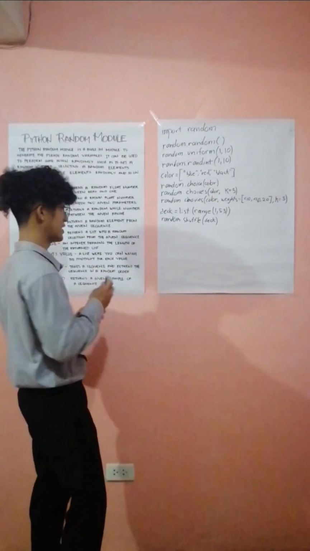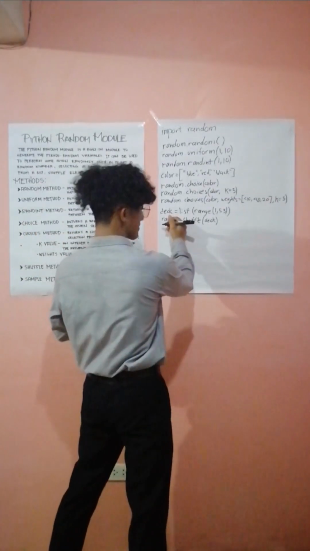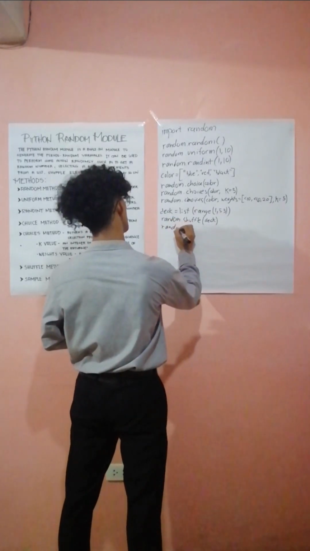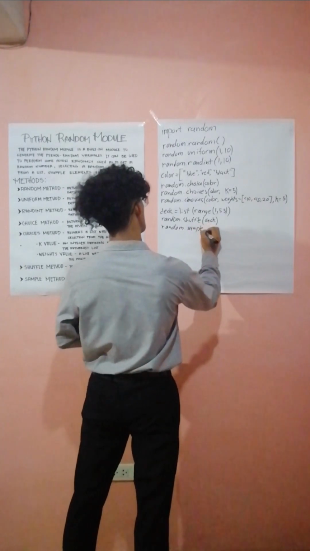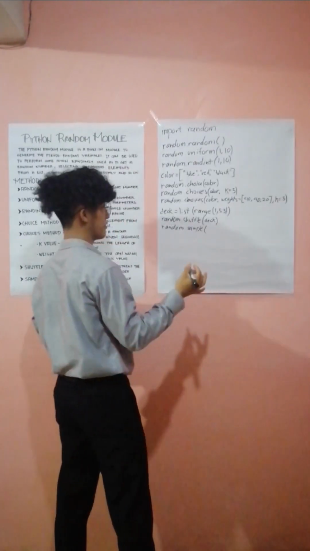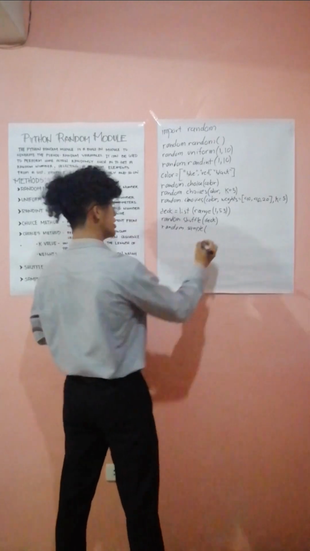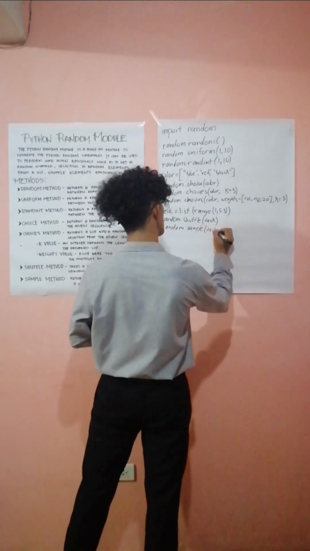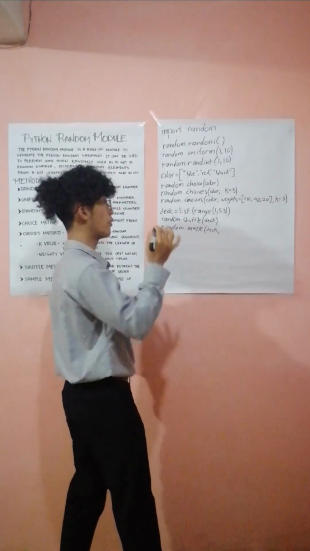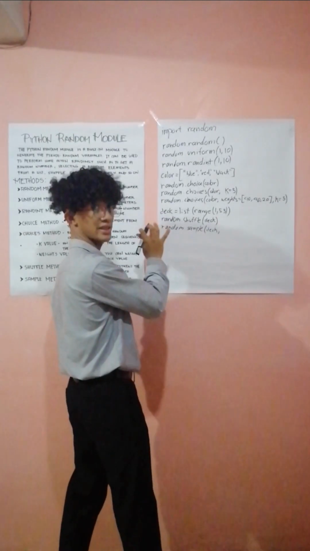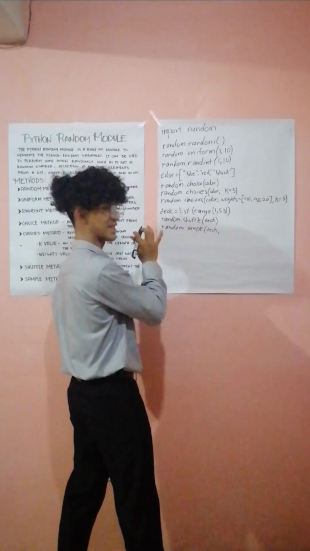So how do we use the sample method? First, random.sample, parentheses, the name of the variable, which is deck, and how many cards do we want to pick from that list.